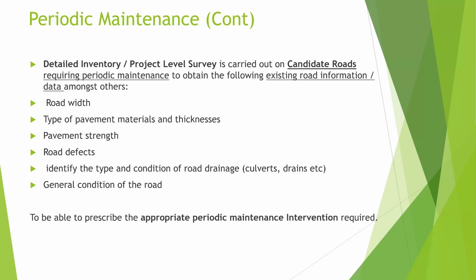You pick the road width, the pavement type of material for the existing road and the thicknesses, the pavement strength, the road defects, and you identify the type and condition of the existing road drainage, and also the general condition of the road. So when you do a detailed inventory or project level survey to assess the condition of the road and all the interventions required, that will help you to prescribe the appropriate periodic maintenance intervention.